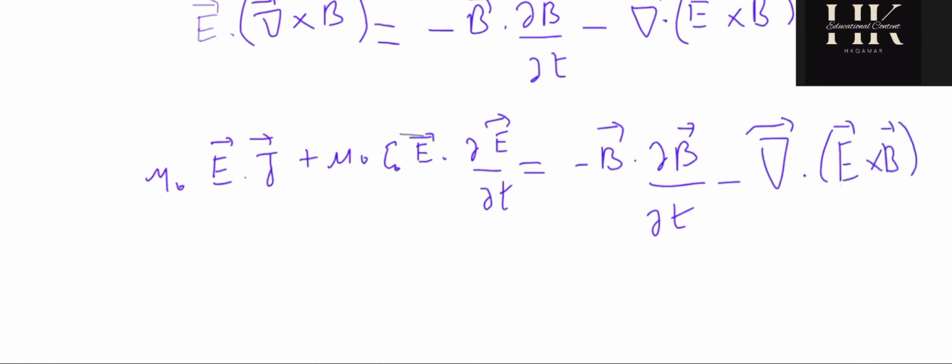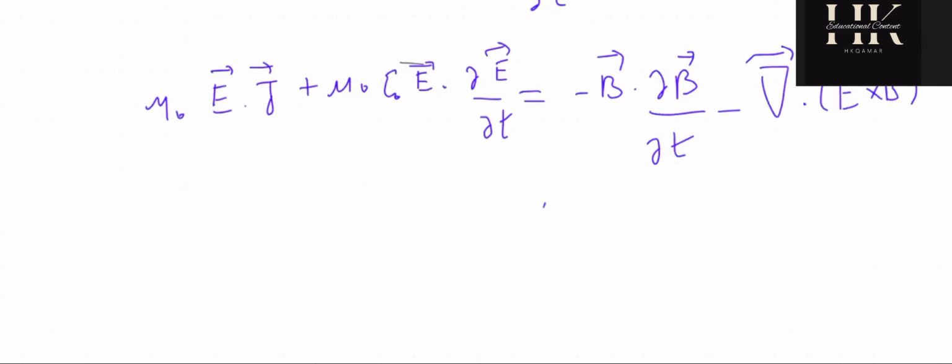Now we will divide this whole equation by mu naught, or we can take this mu naught common and then take it to the right hand side.